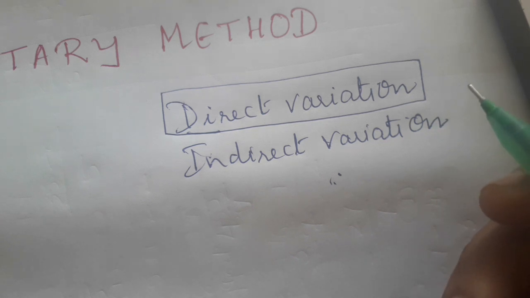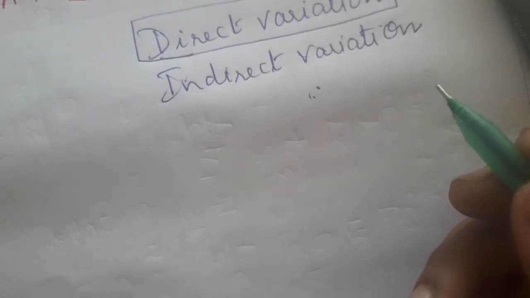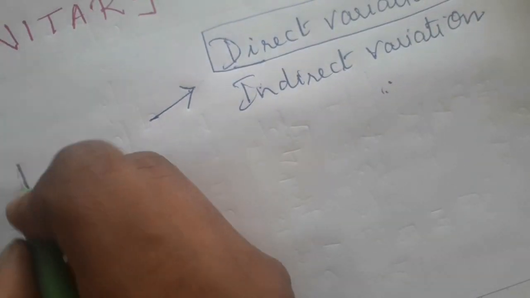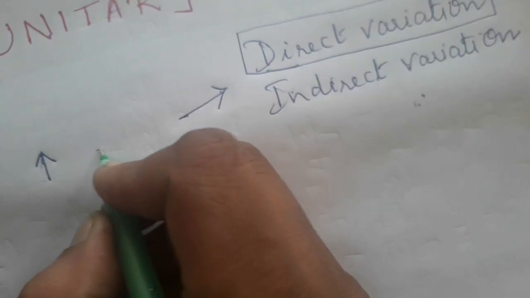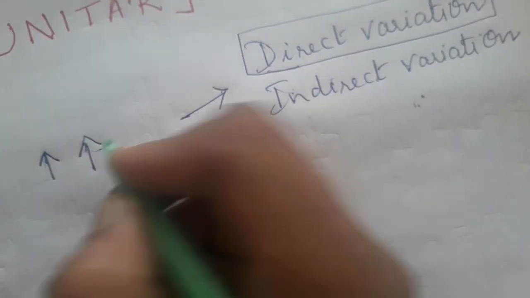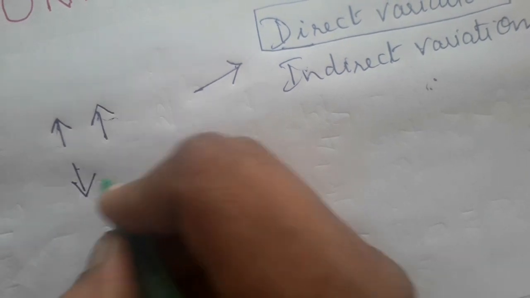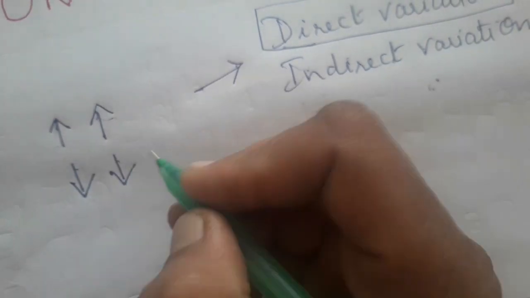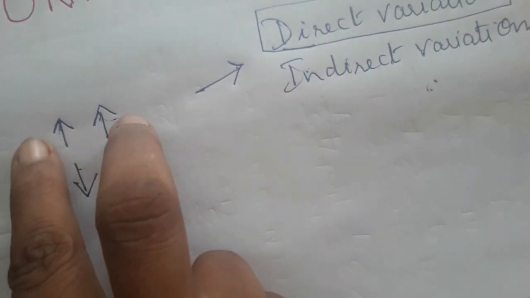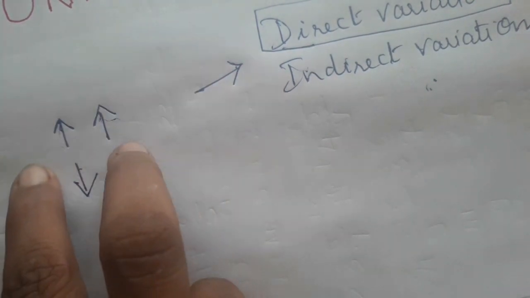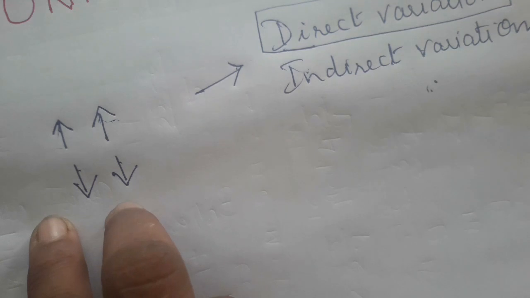You will find an increase in one quantity. If one quantity increases, the other quantity also increases. If one quantity decreases, the other also decreases. So simultaneously either they increase or both the quantities decrease.